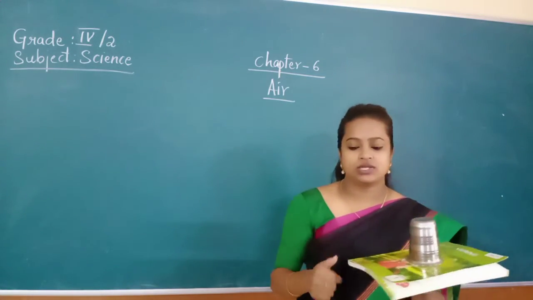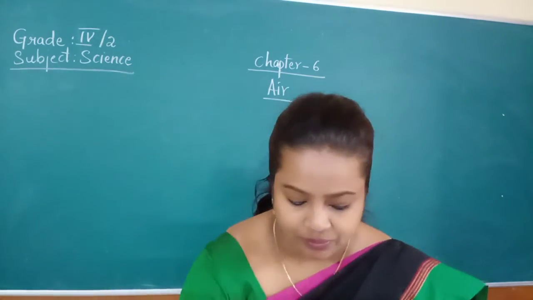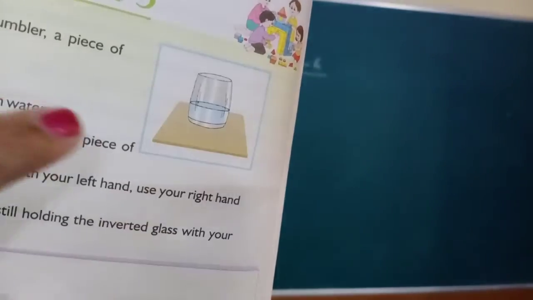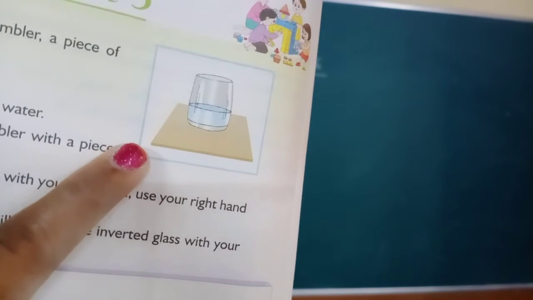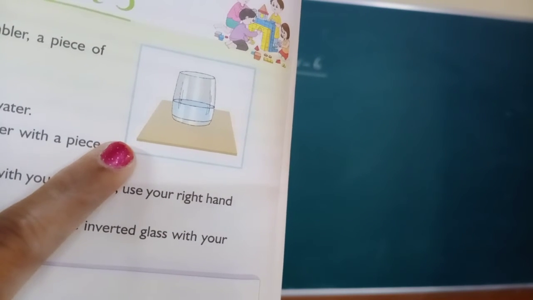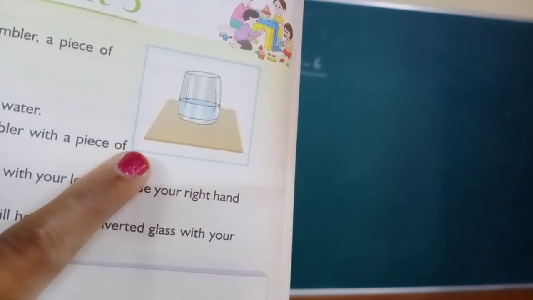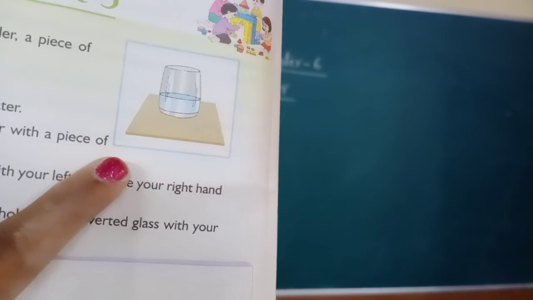Try it at home, children, so that you will understand very clearly. Okay, all of you see the picture? Yes, this is the way you have to do it. I just showed you the example with a book, but you have to use a cardboard so that you can see the experiment very clearly.